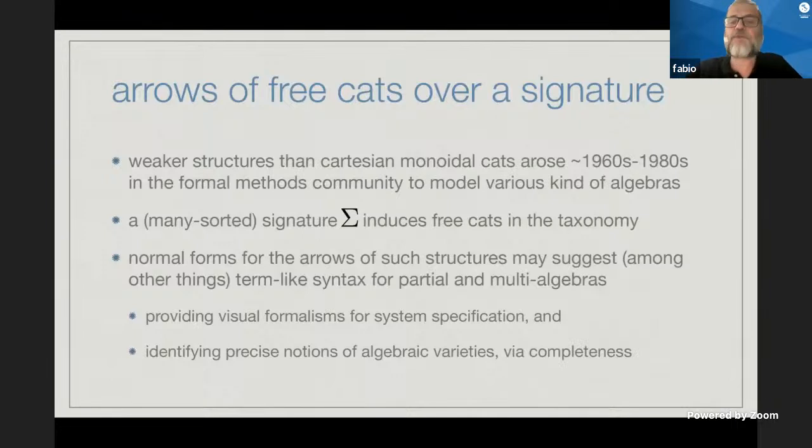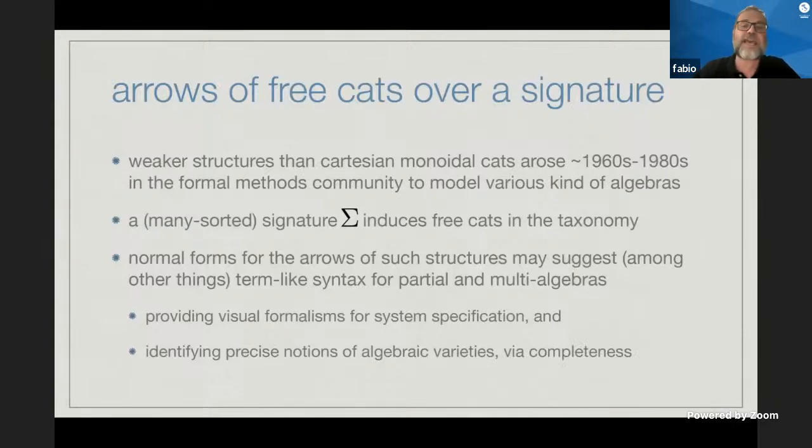Okay, now I want to move to something a bit more specific, for which computer scientists are usually more happy. Like I said, most of the things actually start between algebraists or computer scientists in order to have a way to describe partial functions, partial algebras, multi-algebras, flowcharts, and so on and so forth.